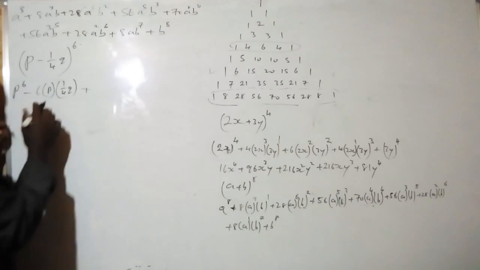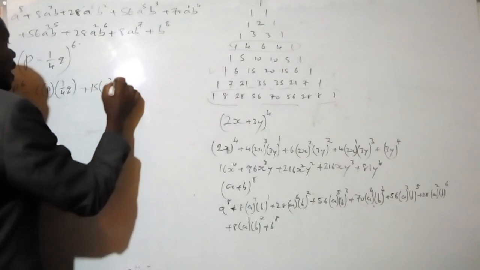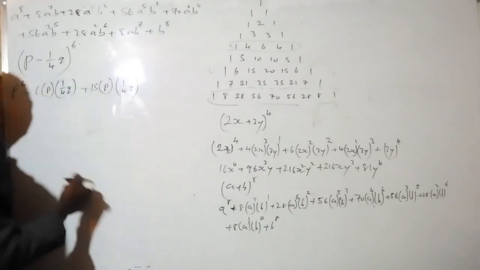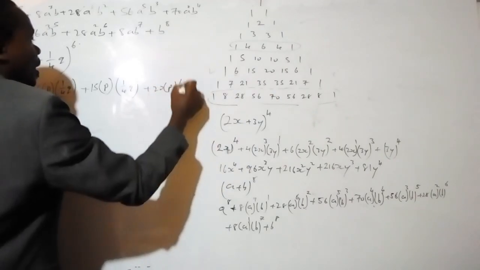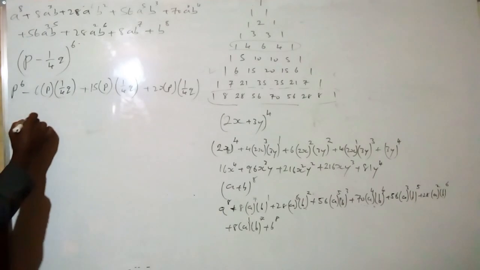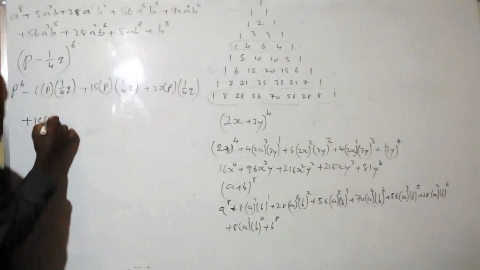Next is 15 P, 1 over 4 Q. Next is 20, 20 P, 1 over 4 Q, plus 15, 15 is here, P, 1 over 4 Q.